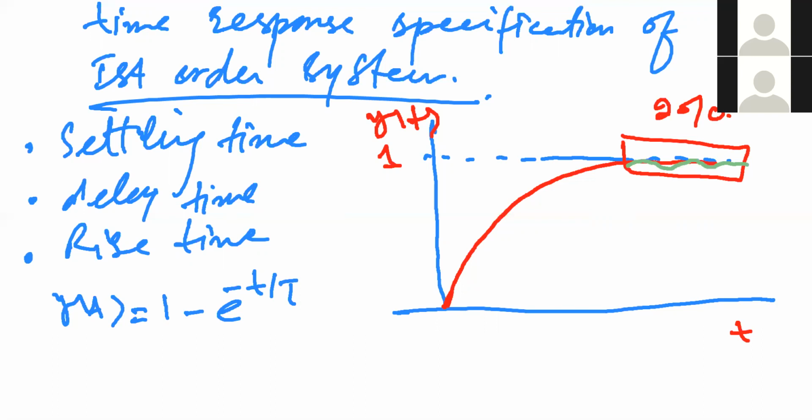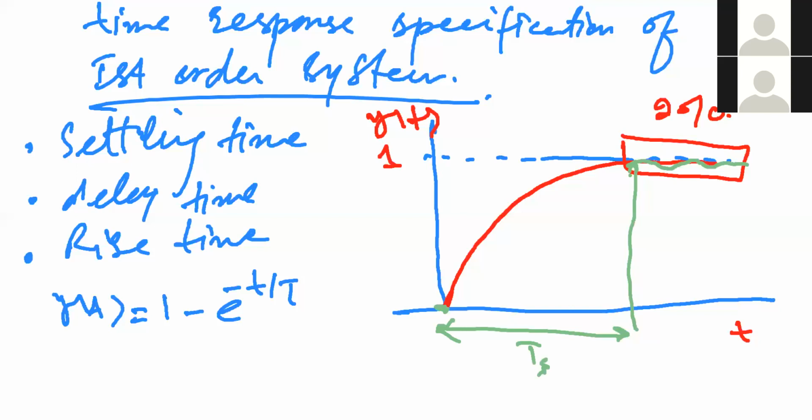So what is settling time? The changes will be from 0 to this point. From 0 to this point, this is called Ts.